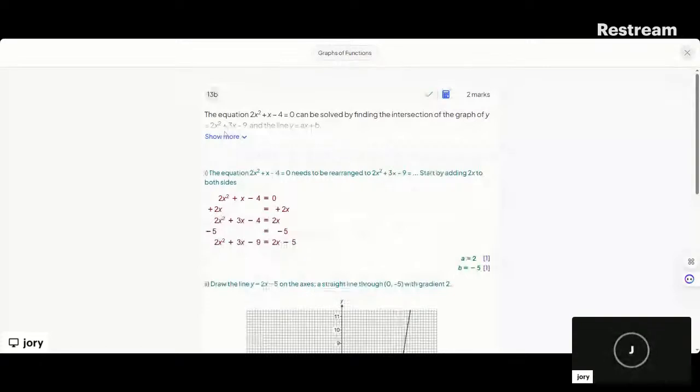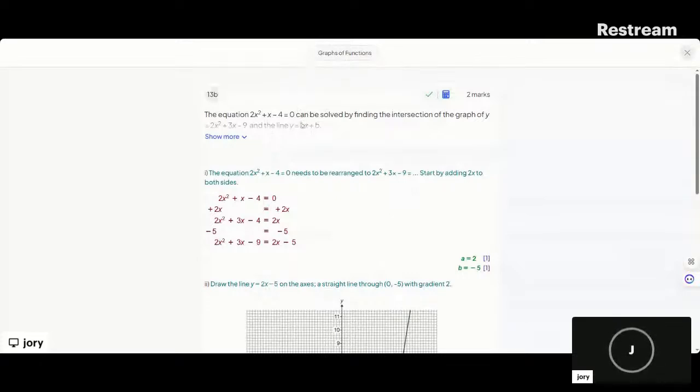So if you add them together, they'd give you this. No. If you subtract them from each other, they give you this. So this is 2x negative 5.